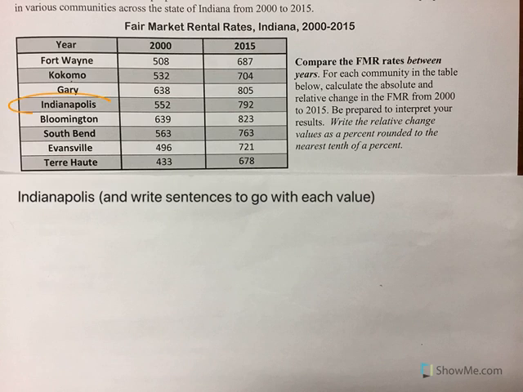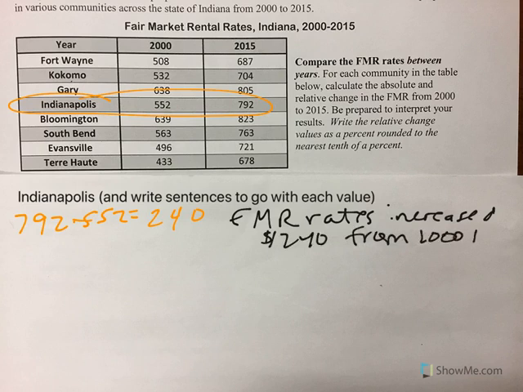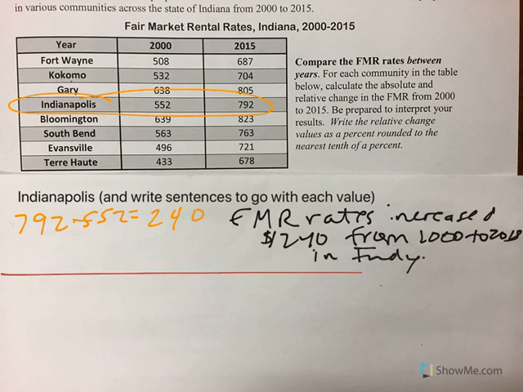Let's look at Indianapolis, and let's go ahead and write sentences for those. So for the absolute, we take 792 minus 552, and that gives us 240. So as a sentence, fair market rental rates increased $240 from 2000 to 2015 in Indy, right?